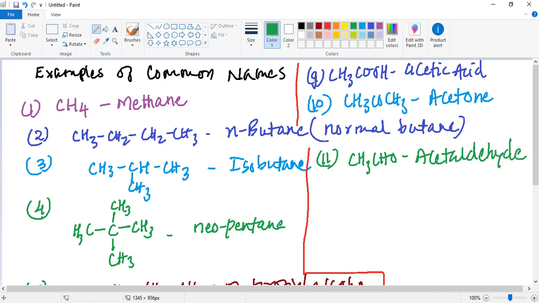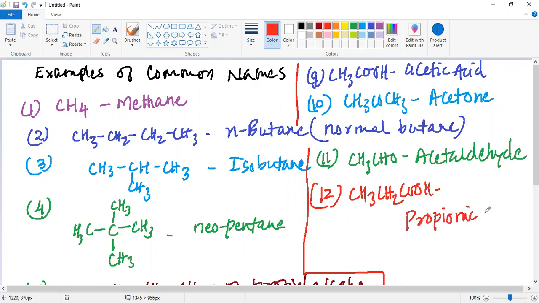Then the 12th one, CH3CH2COOH, which is known as propionic acid.